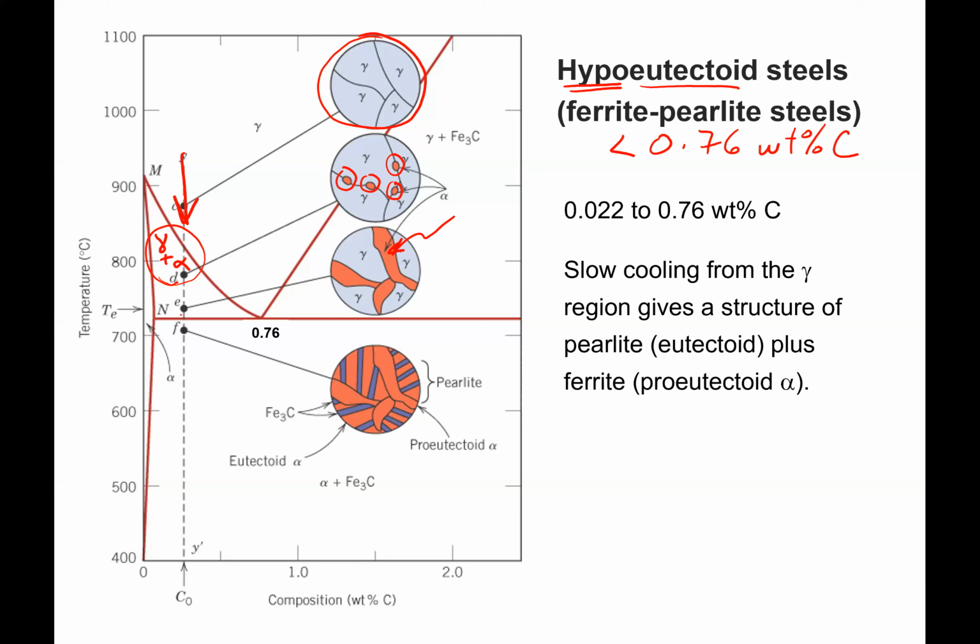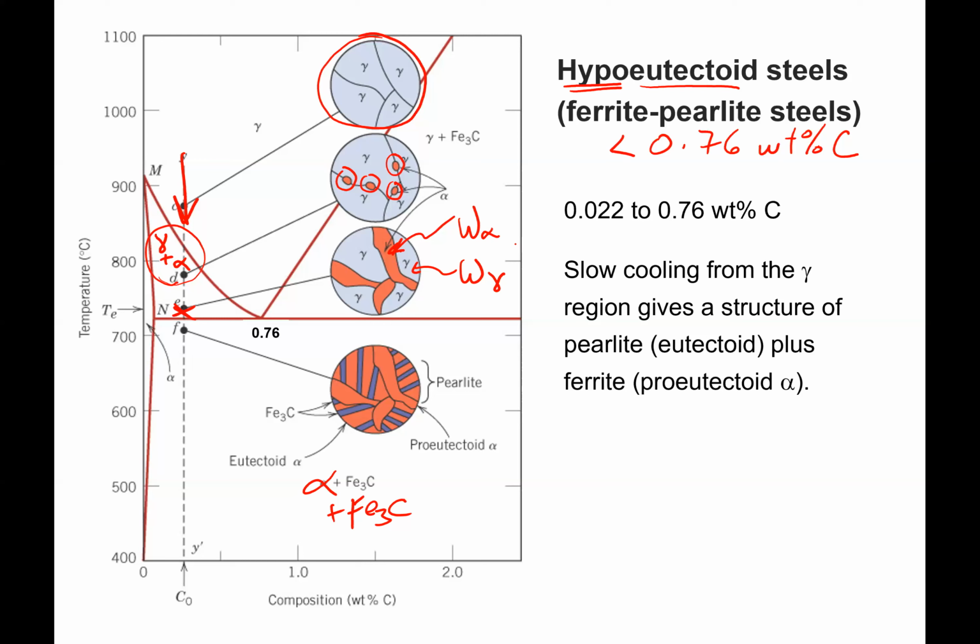But when we get to this point right here, right before we cross over into the ferrite and cementite region, we could do a tie line in there and figure out what our weight fractions say for this alpha is and what the weight fraction is for the gamma. All right.